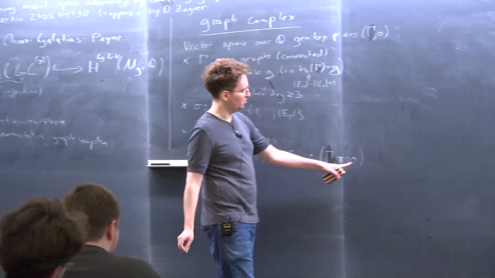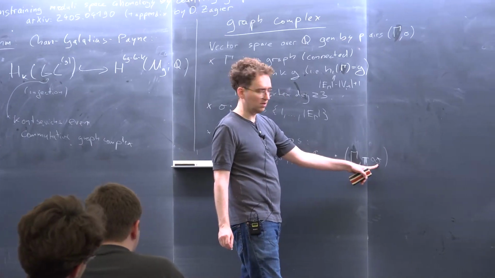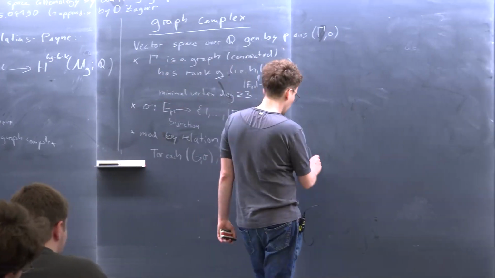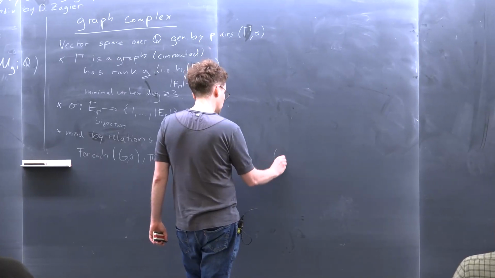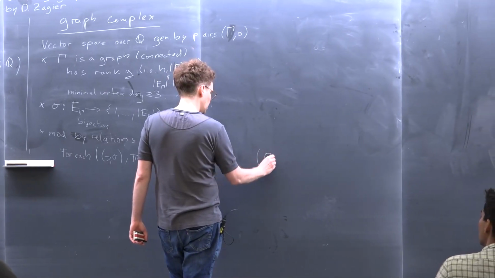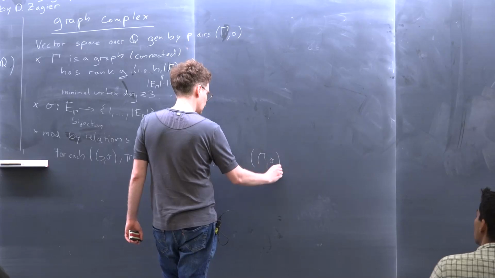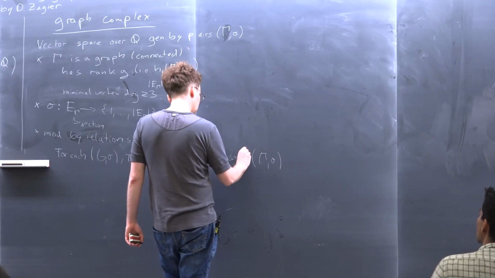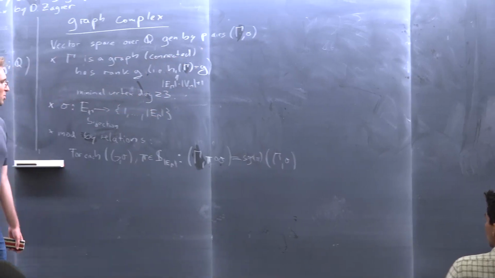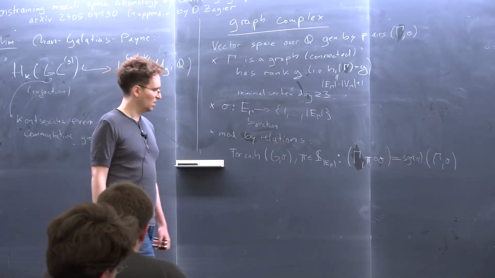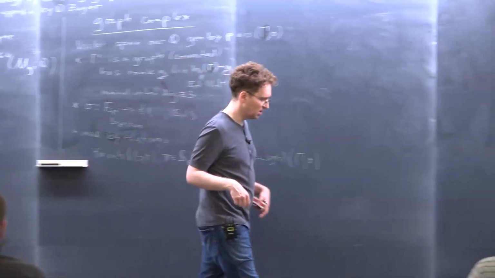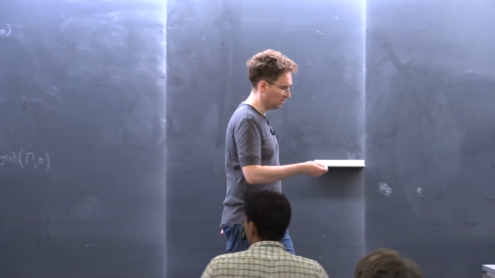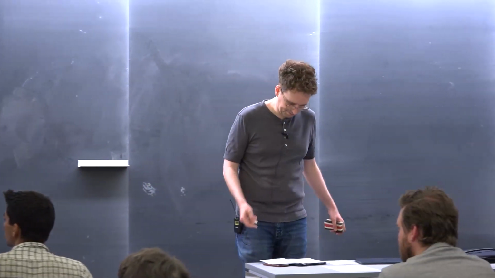So this pi permutes the edge labels of our labeled graph in this pair. And we want this to be equal to the unpermuted case, but we want to pick up the sign of the permutation. So whenever we flip the numbering of two edges, we pick up a sign.